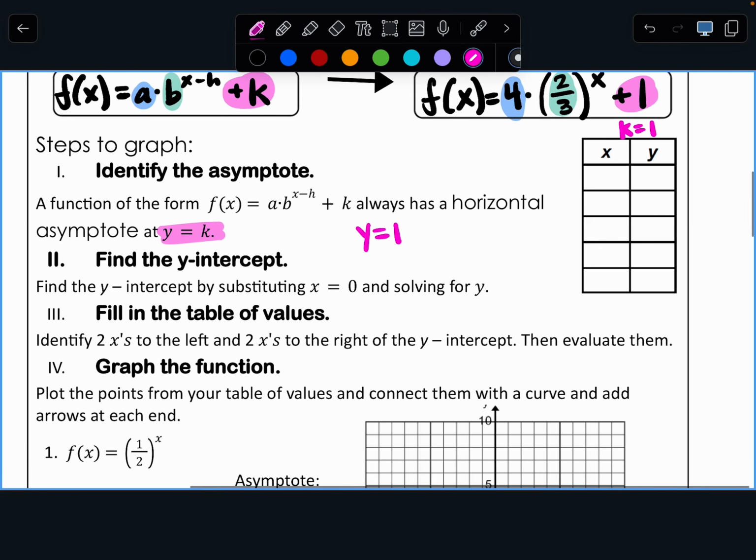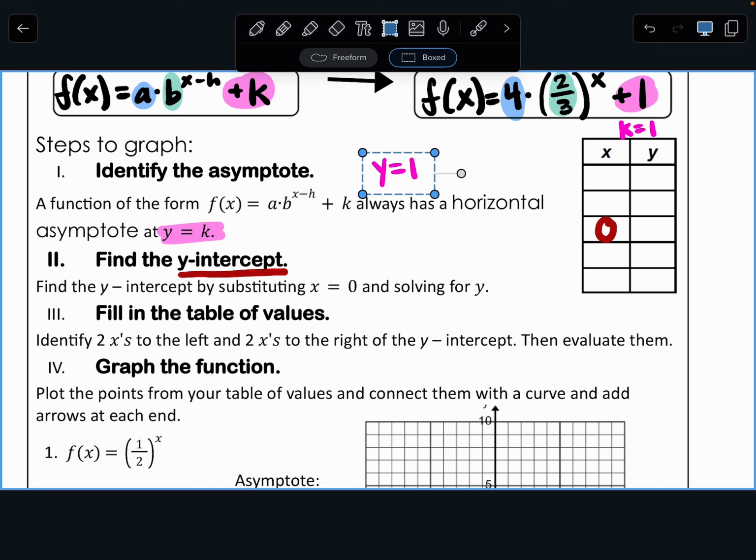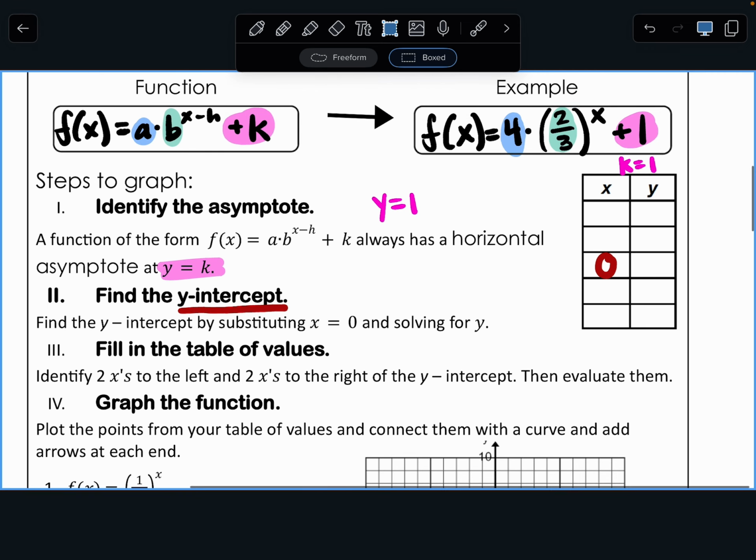We're always going to start with the y-intercept, and we'll find the y-intercept because it always has an x value of 0. So all we do is substitute into the equation x equals 0 and find the y value, and that will give us our y-intercept.